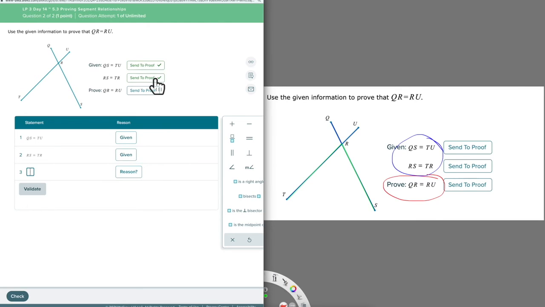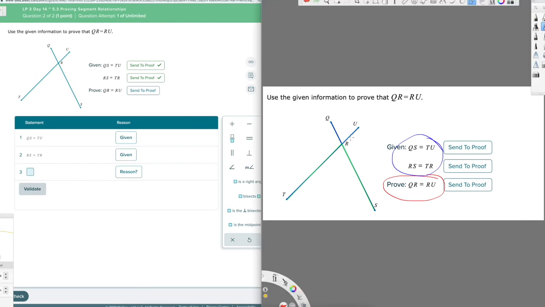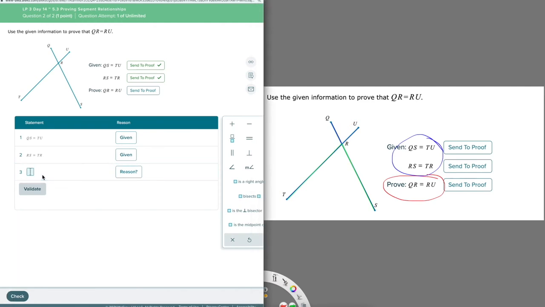So now what we want to do is show that this segment, oops, I forgot to turn off my line segment here. So we're going to talk about this line segment here. TU is going to be equal to the entire segment. I have a segment and pieces, so I'm going to use segment addition. TU equals TR plus RU.